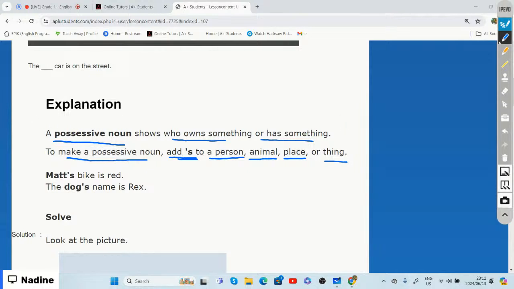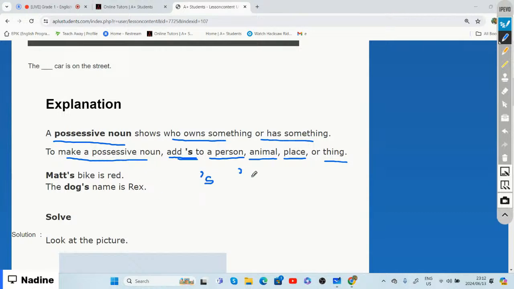We made an example of Anne's pencil. Or since the bike belongs to Matt, the red bike belongs to Matt, we can then say Matt's bike. You see, we put an apostrophe and an S.